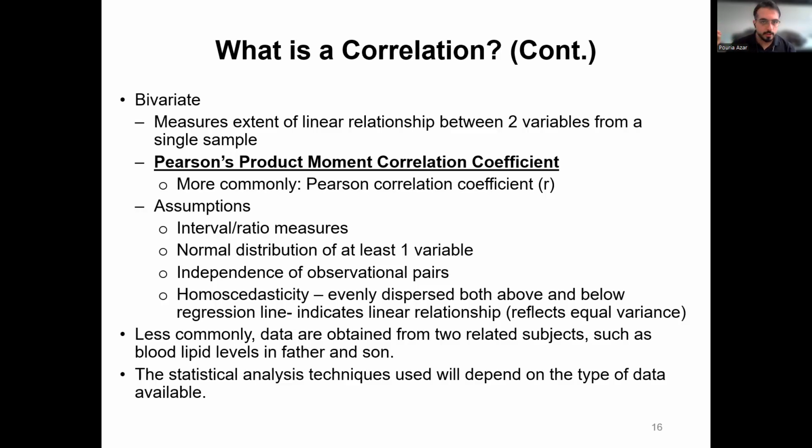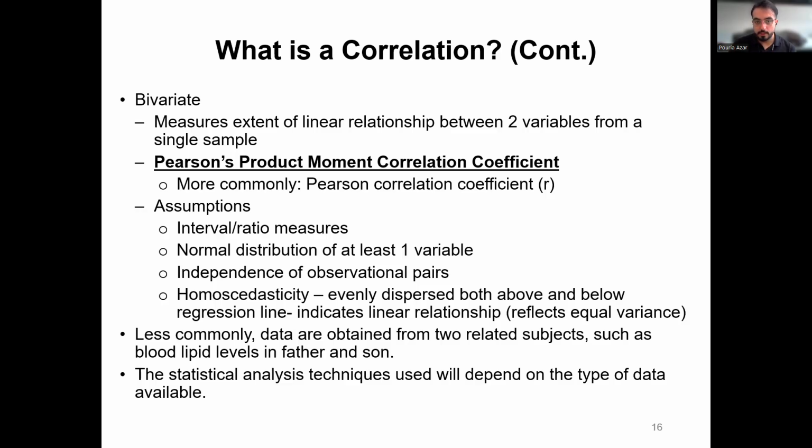For Pearson's correlation analysis, these are the assumptions we have. First, the nature of the variables should be either interval or ratio, which means they should be continuous variables like body weight, BMI, blood pressure, cholesterol level, triglyceride level, fasting blood glucose level.